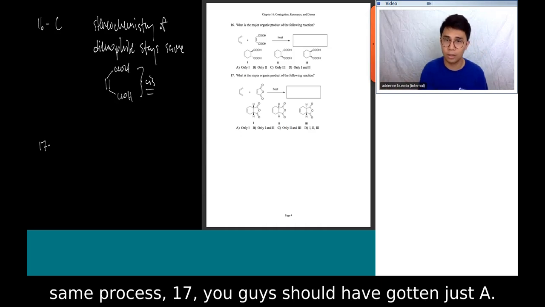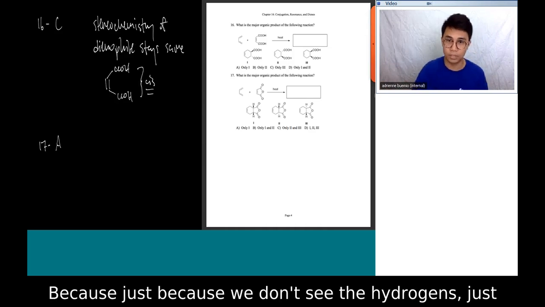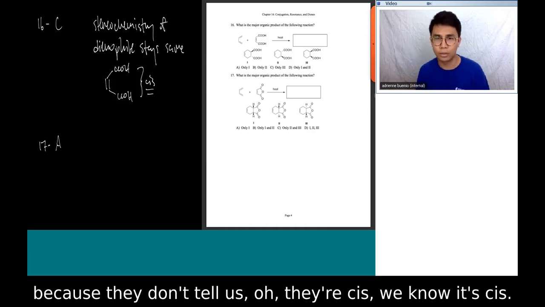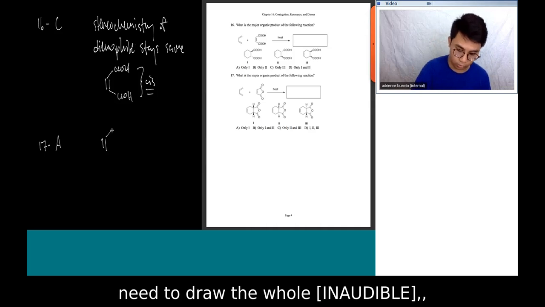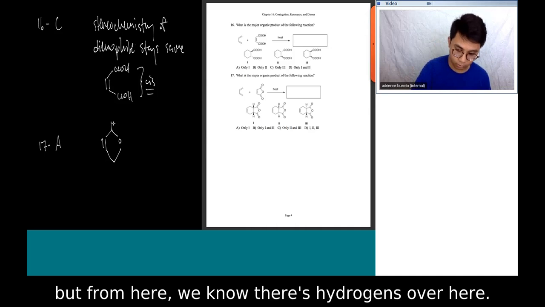17, you guys should have gotten just A, right? Just because we don't see the hydrogens, just because they don't tell us they're cis, we know it's cis because from here, I mean, we don't even need to draw the whole molecule, but from here, we know there's hydrogens over here, right?